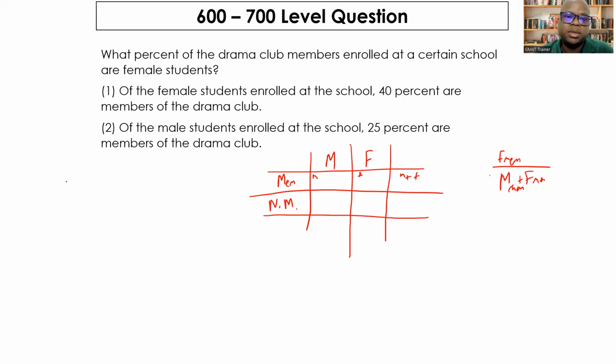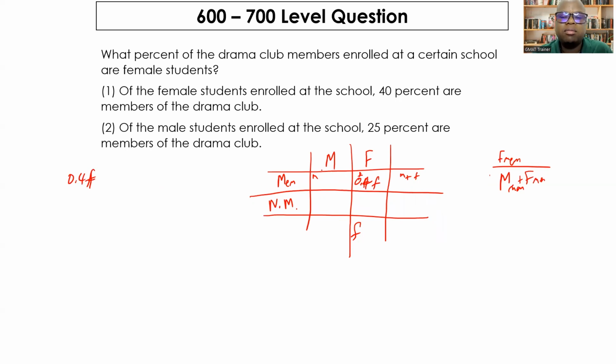So let's look at the first statement. Of the female students enrolled at the school, 40% are members of the drama club. So we have females, all the females can be F. So of this F, 40% are in drama club. So that means 0.4 F in drama club.